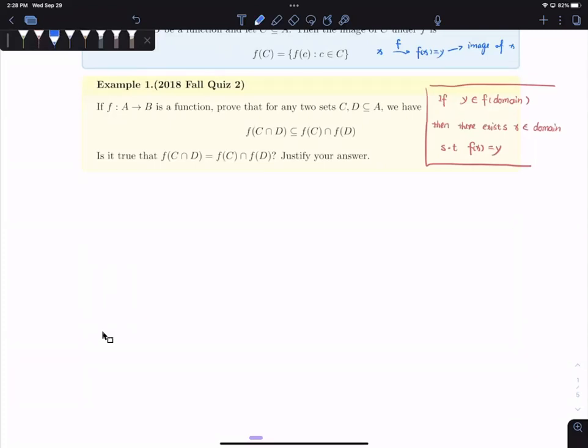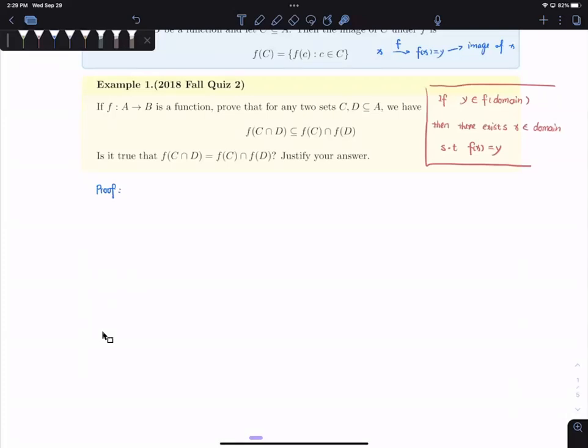So let's look at this question. Proof. I want to prove this is a subset of this. What is this? This is the image of C intersect D. It's a set, so you're proving one set is a subset of another set.